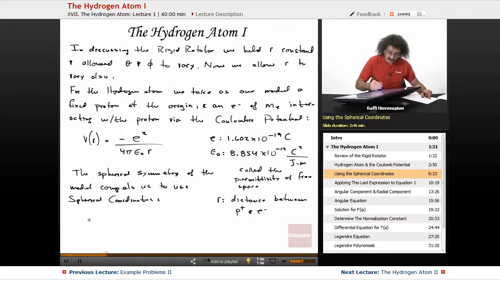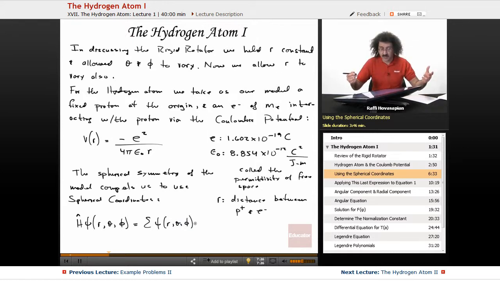And what we're going to end up with is something like this. So the Schrödinger equation is going to be H of psi. Now psi is a function of three variables, r, theta, and phi. H psi of r, theta, and phi is equal to E times psi of r, theta, and phi.